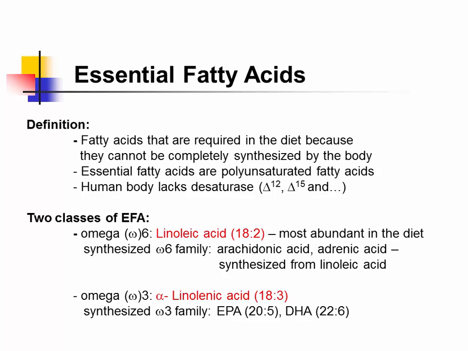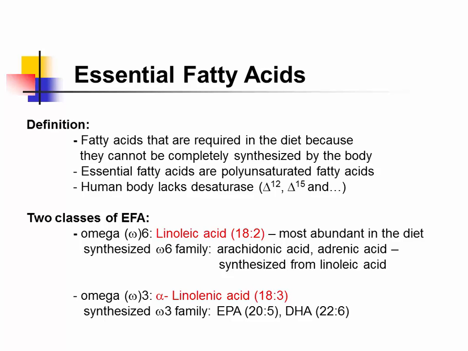Let's start with omega-6. The essential fatty acid in the omega-6 category is linoleic acid, which has 18 carbons and 2 double bonds. This is the most abundant in the diet. Our body can synthesize arachidonic acid and arginic acid.